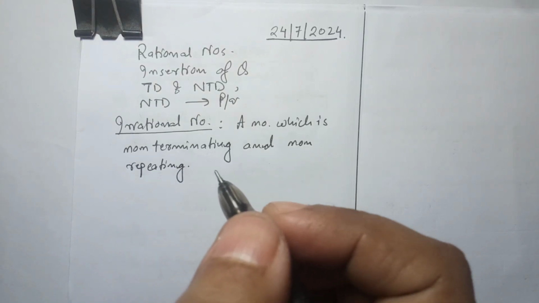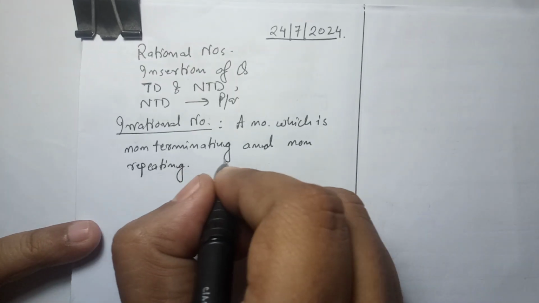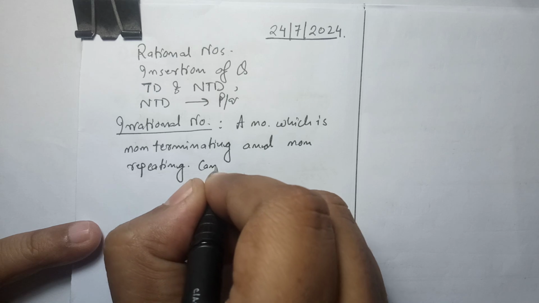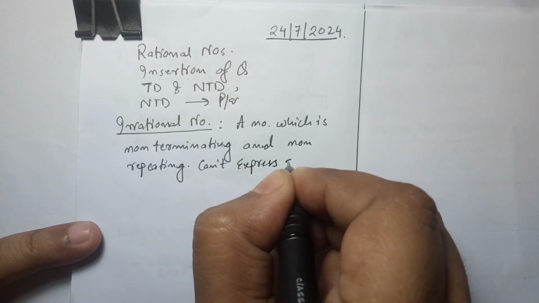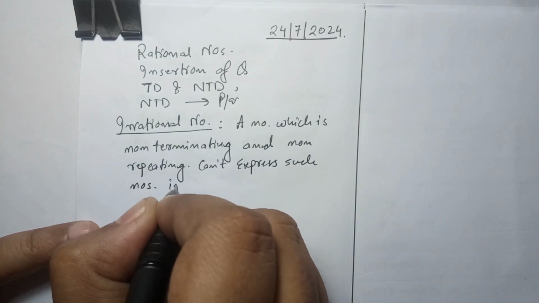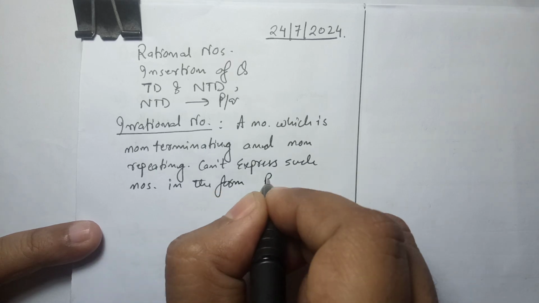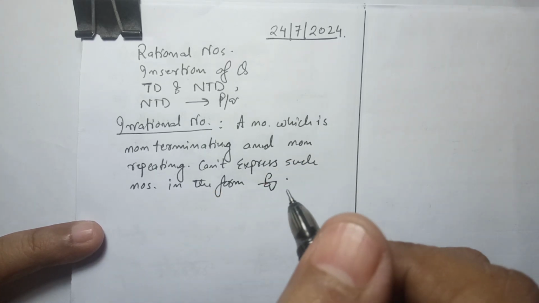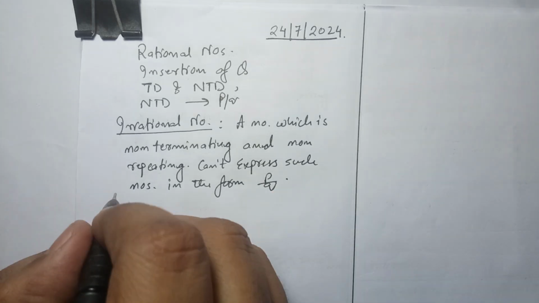That means we cannot express this number in the form p by q. We can't express such numbers in the form p by q, right?